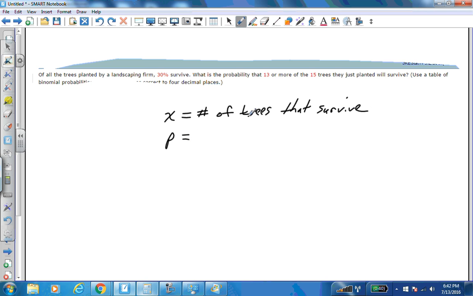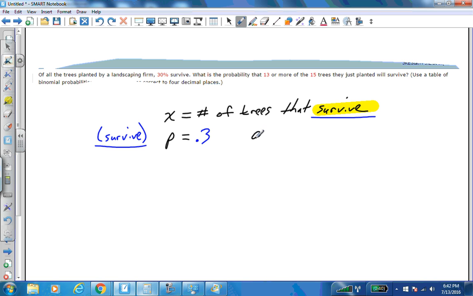So we're looking at each tree, does it survive, does it not survive? So if we're counting how many trees survive, then success is surviving. We're counting the trees that survive, so that's what's successful, surviving. 30% survive, so the probability of success is 30%, 0.3.